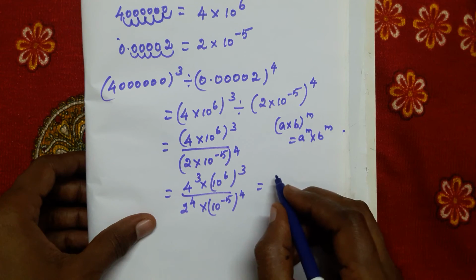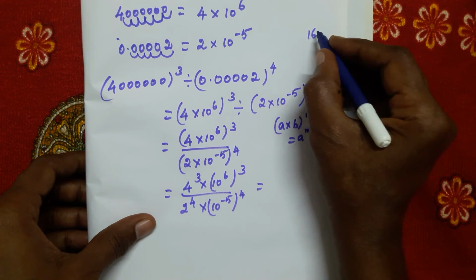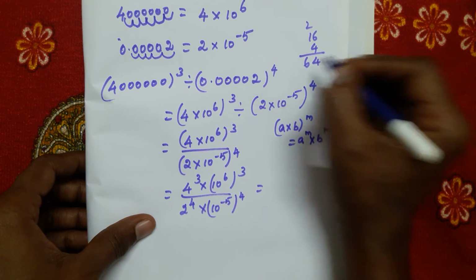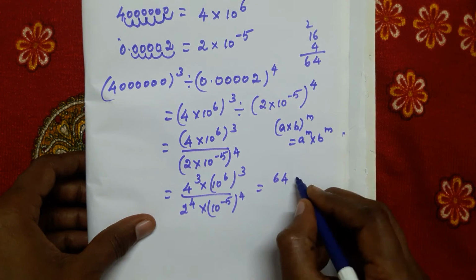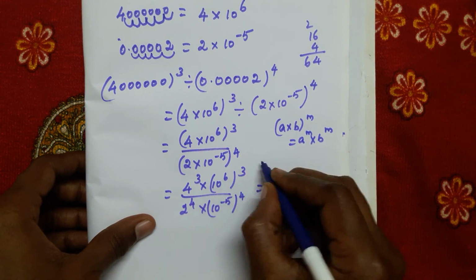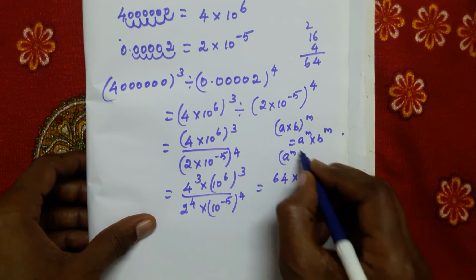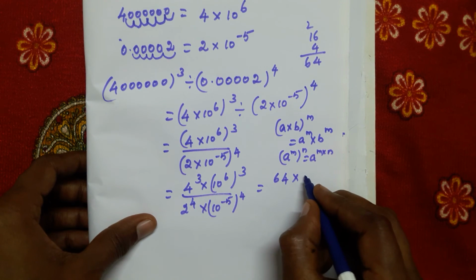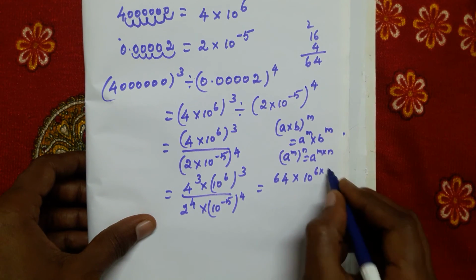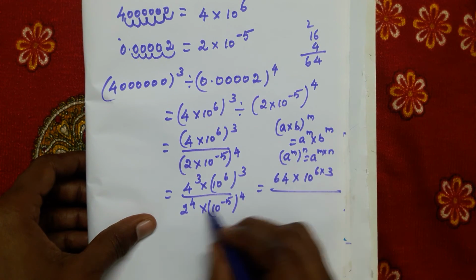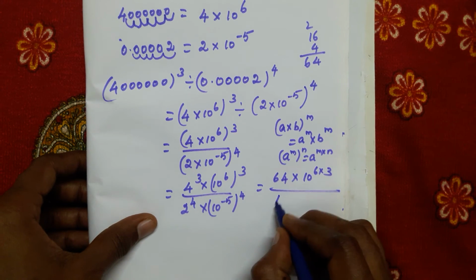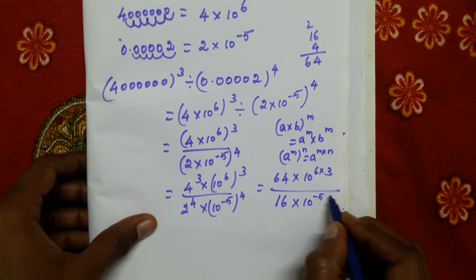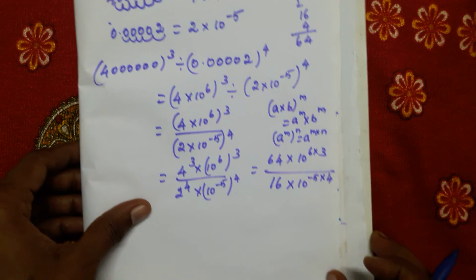What is 4 power 3? 4 4s are 16. 16 into 4: 6 4s are 24, so 64. Here you can use a power m the whole power n is equal to a power m into n. That is 10 power 6 into 3 divided by 2 power 4, which means 2 2s are 4, 4 4s are 16, into 10 power minus 5 into 4. Can we cancel this?